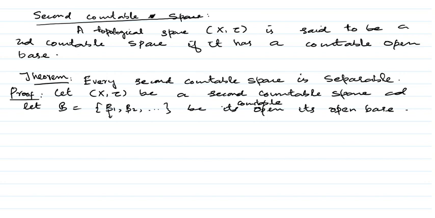Okay, so let's define this set. Let A be equal to the set of xi such that xi belongs to Bi, where i is greater than or equal to 1.